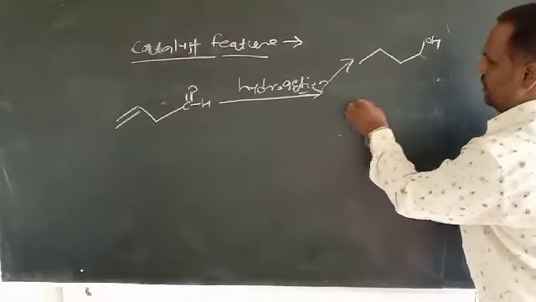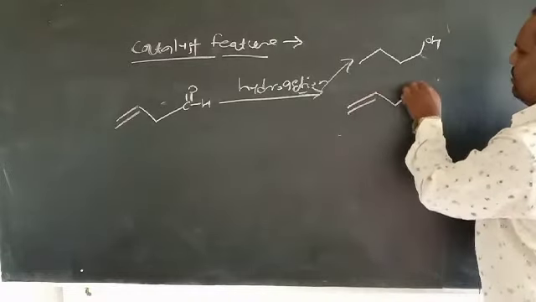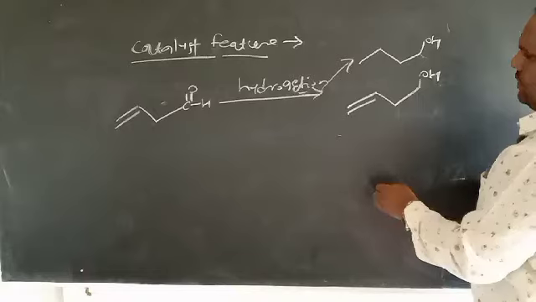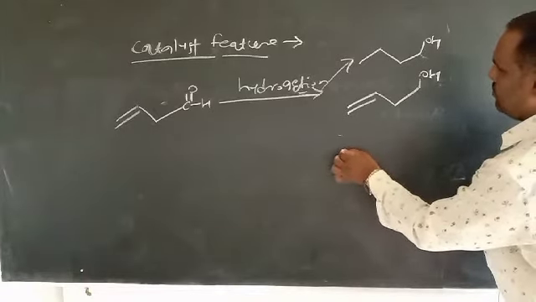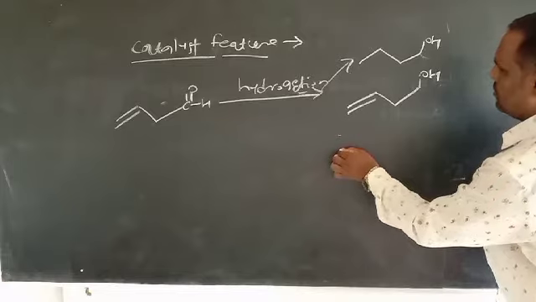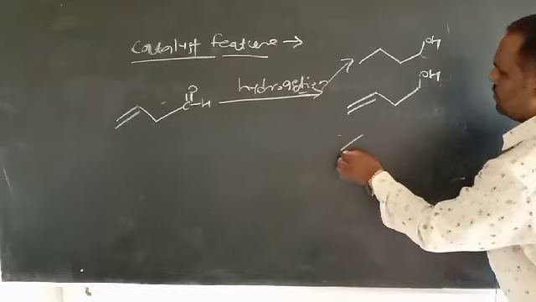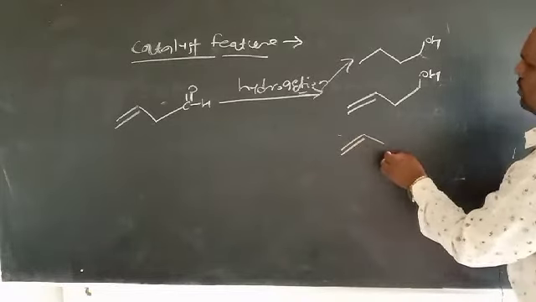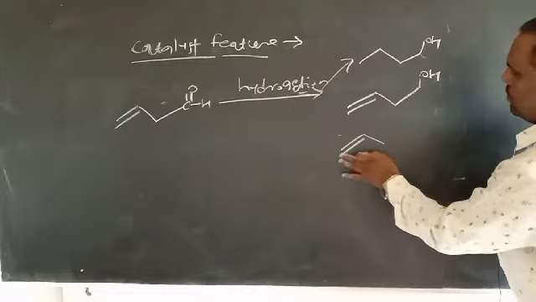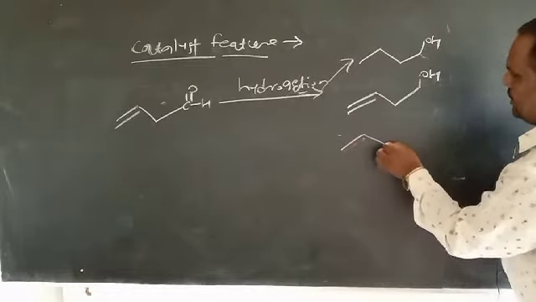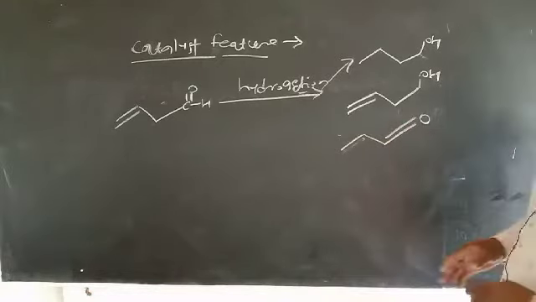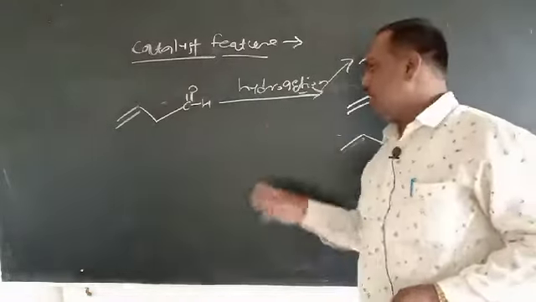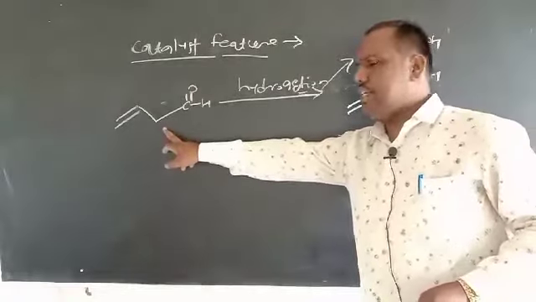Second, we get this, and third, this gets hydrogenated and this will remain as it is. So there is a chance of three products in this hydrogenation reaction for this reactant.